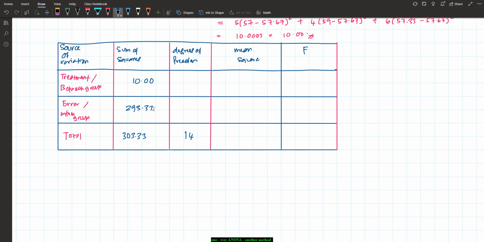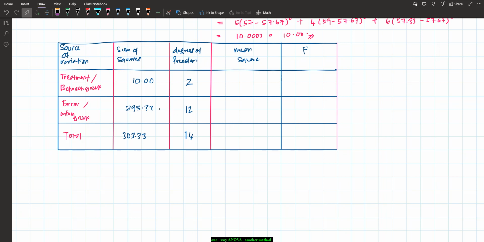And the degree of freedom for treatment is k minus 1, where we have 3 groups. 3 minus 1 is equal to 2. And then we have capital N minus k, which is equal to 12, right? Or you can simply subtract the degree of freedom for treatment from the total. So you will get 14 minus 2 equal to 12.